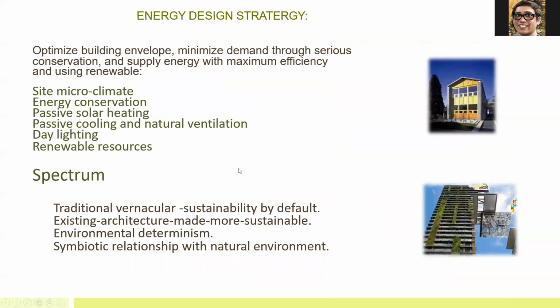So energy design strategies: optimize the building envelope, minimize demand through serious conservation and supply of energy with maximum efficiency, and use the renewable site microclimate, energy conservation, passive solar heating, passive cooling and natural ventilation, daylighting, and renewable resources. The spectrum is using traditional vernacular sustainability by default, and existing architecture made more sustainable.